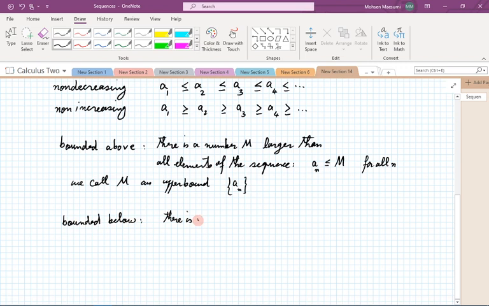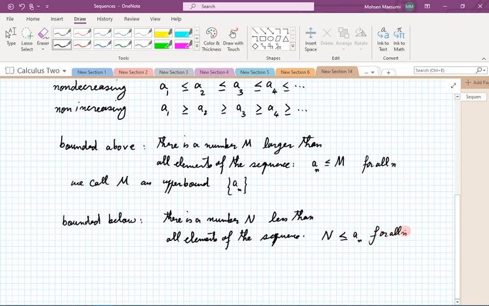Bounded below if there is a number n that is less than or equal to all elements of the sequence. We're going to write it n less than or equal to an for all n.